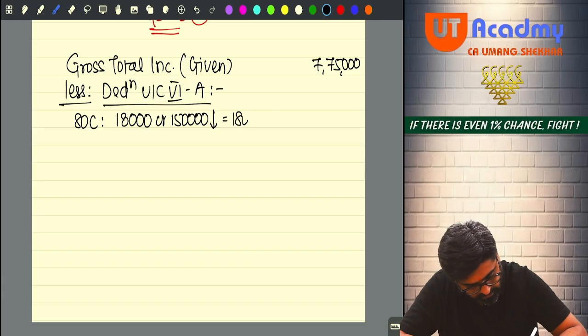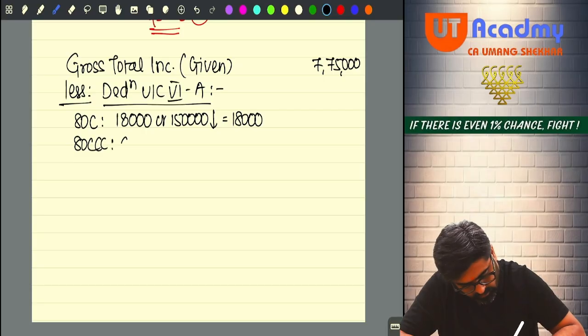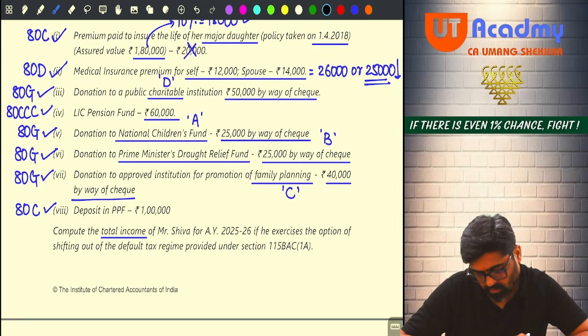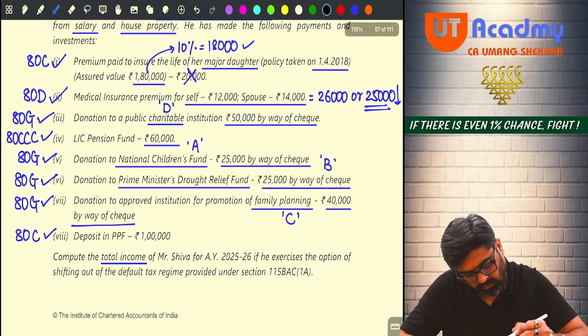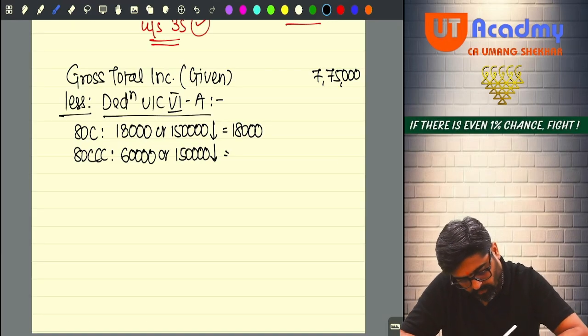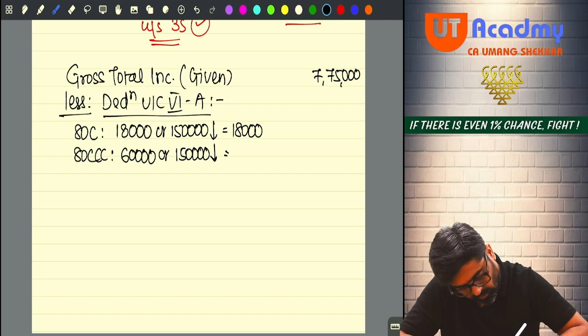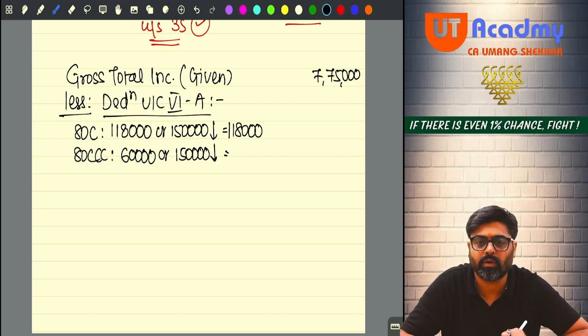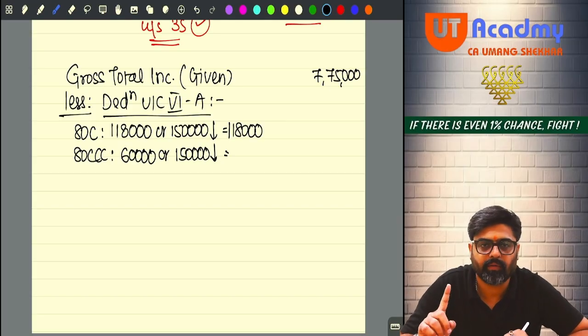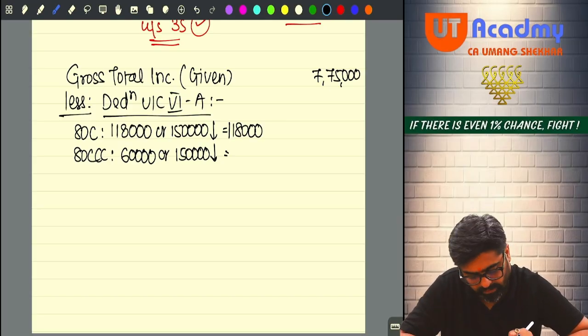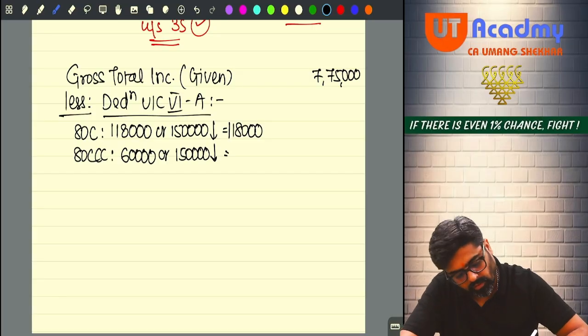So this will be 18,000. 80CCC, do you have? Yes sir. 60,000 or 1,50,000, whichever is lower. Is 80C only one? No, there is another. 80C is 2. Yes, 1,18,000. 1 lakh PPF and 18,000 premium, 1,18,000, right? Now this will be 60,000.